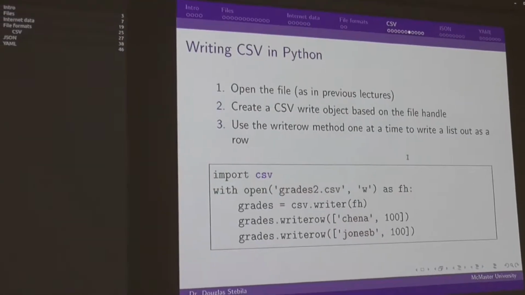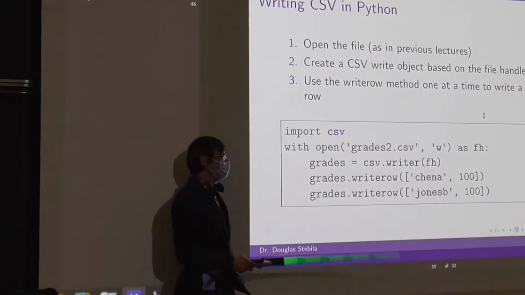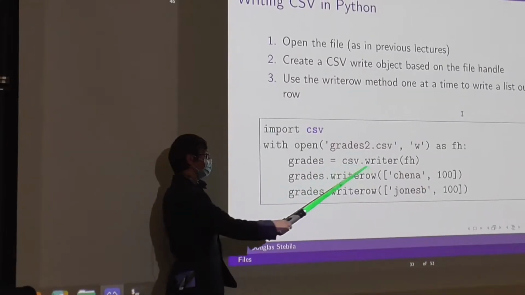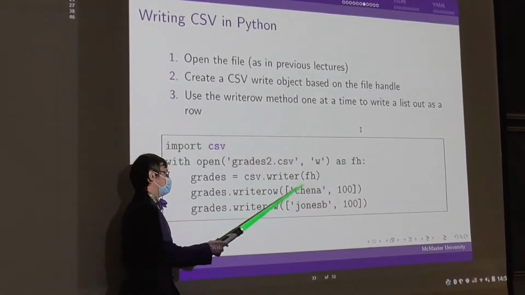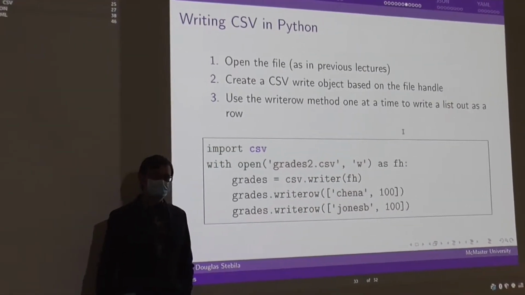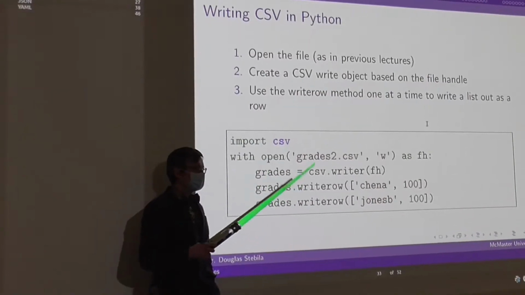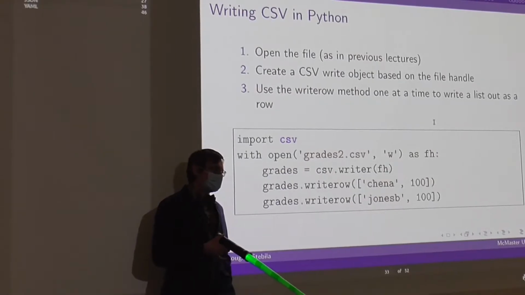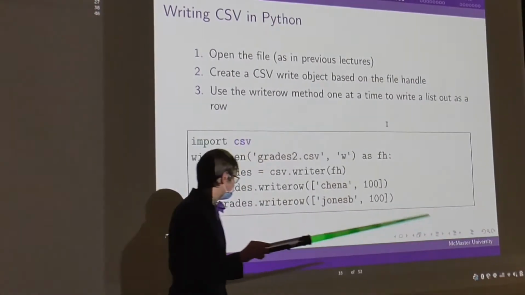So, in the same way that we created a CSV reader object, csv.reader, we now create a csv.writer object, which we will use as basically our access point to the file in the file system.